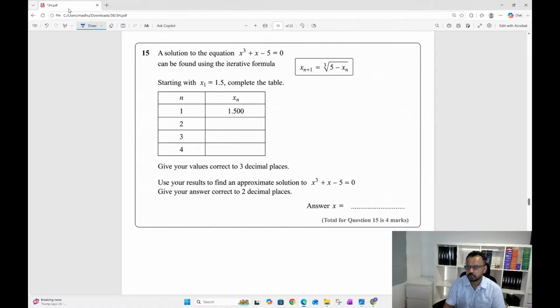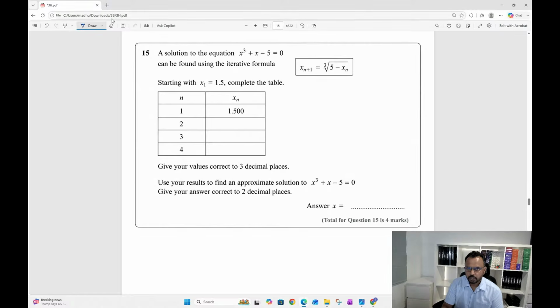Let's have a look at this, guys. A solution to the equation x cubed plus x minus 5 equals 0 can be found using the iterative formula. This starting x1 is equal to 1.5. Complete the table. Now, guys, this is what you do. You put 1.5 and then hit the equal button. Now you get 1.5 on your calculator.